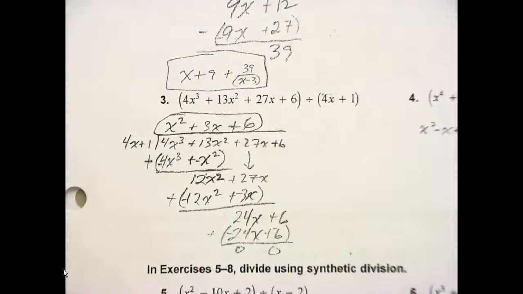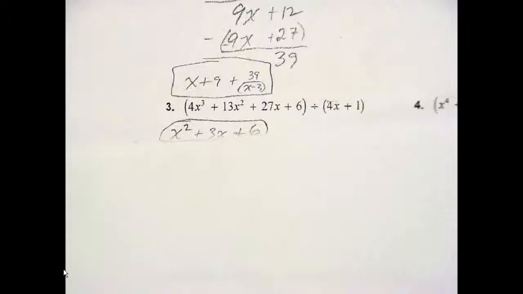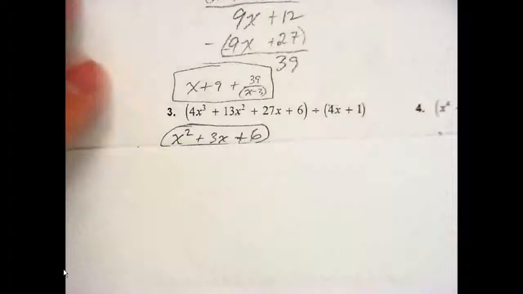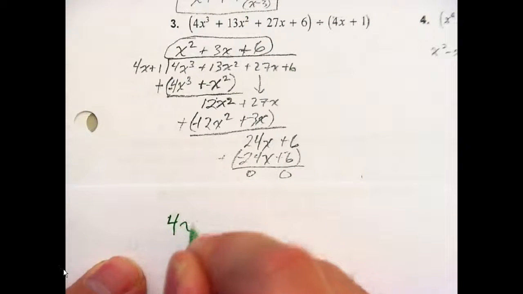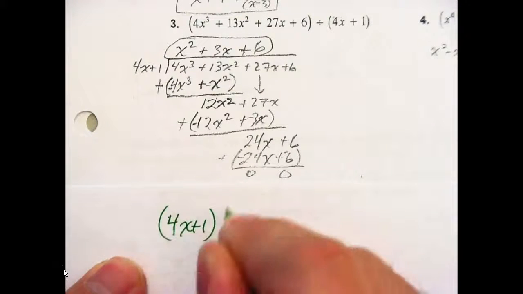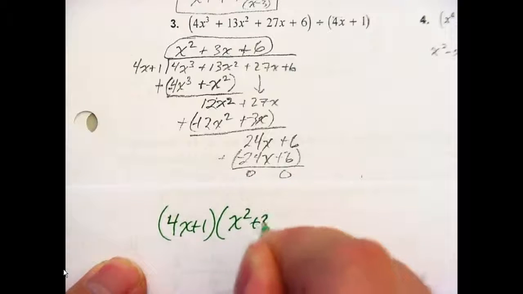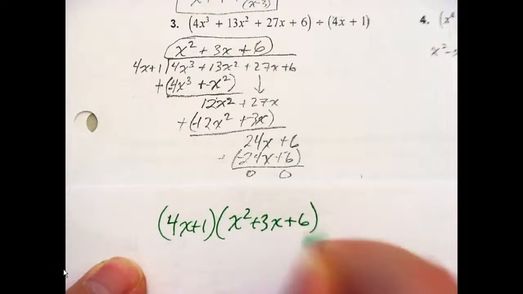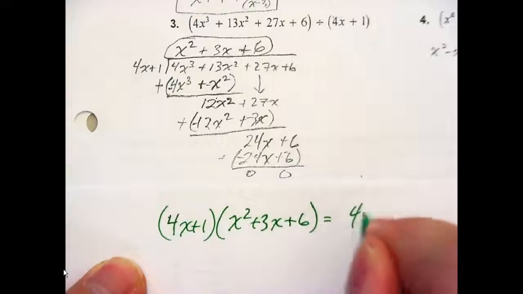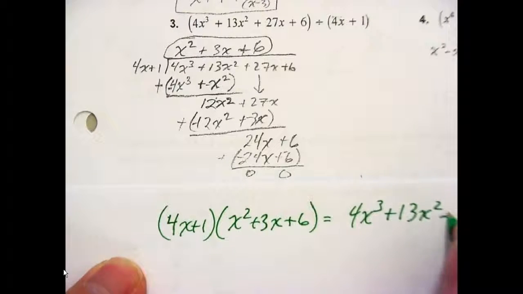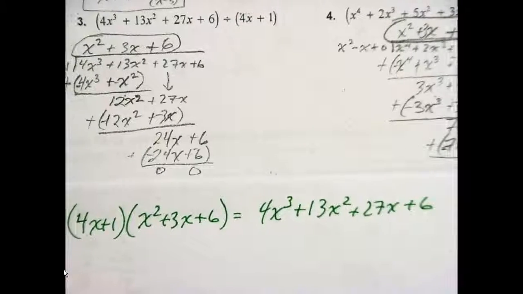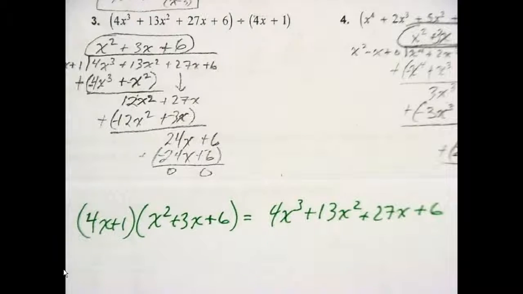Just so that we're very clear on what we're trying to do here, we know now that 4x plus 1 times x squared plus 3x plus 6 equals 4x cubed plus 13x squared plus 27x plus 6. That all equals that.